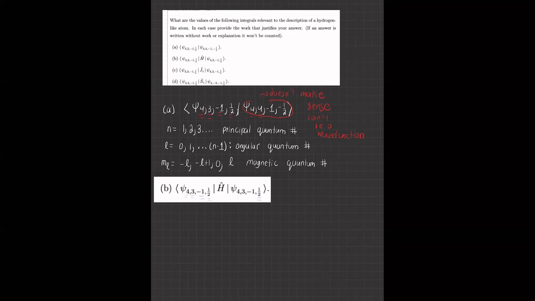And all these quantum numbers are equal to each other. So these are the same wave function. If you apply the Hamiltonian operator, we know this is an eigenfunction of the operator, so this is just going to be equal to E4. And since these are normalized, it's going to be left with 1. Does that make sense to everyone?